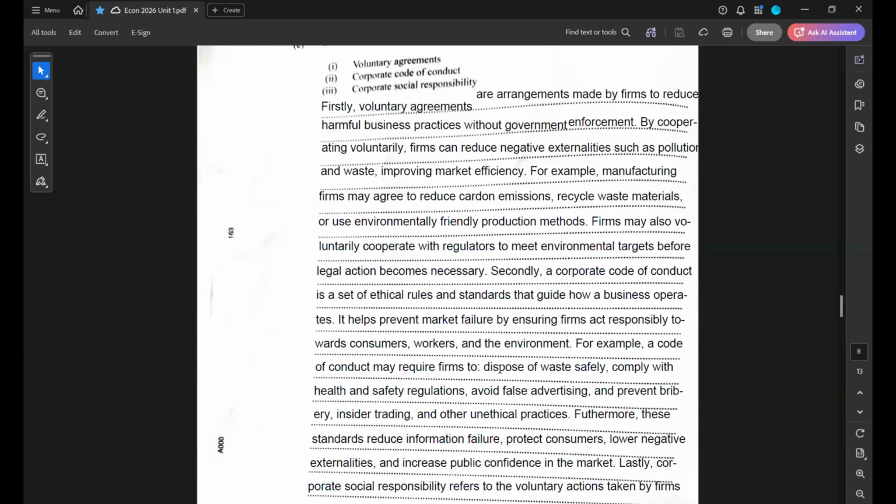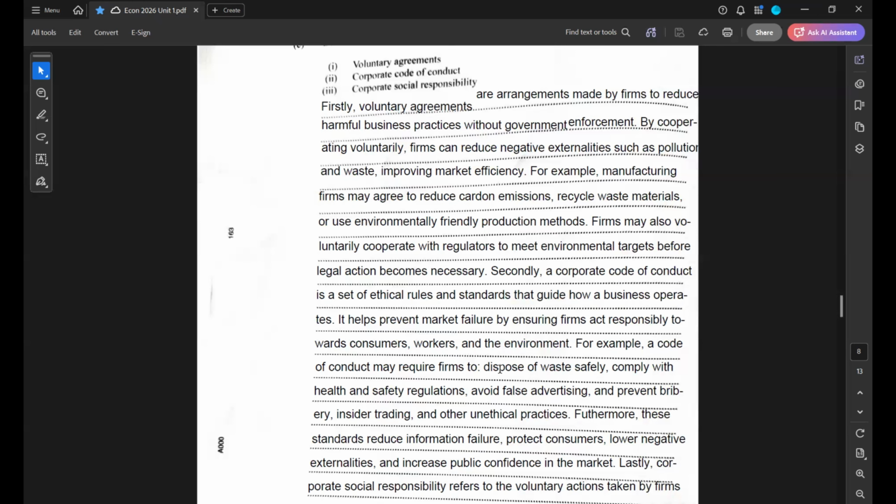Secondly, a corporate code of conduct is a set of ethical rules and standards that guide how a business operates. It helps prevent market failure by ensuring firms act responsibly towards consumers, workers, and the environment.